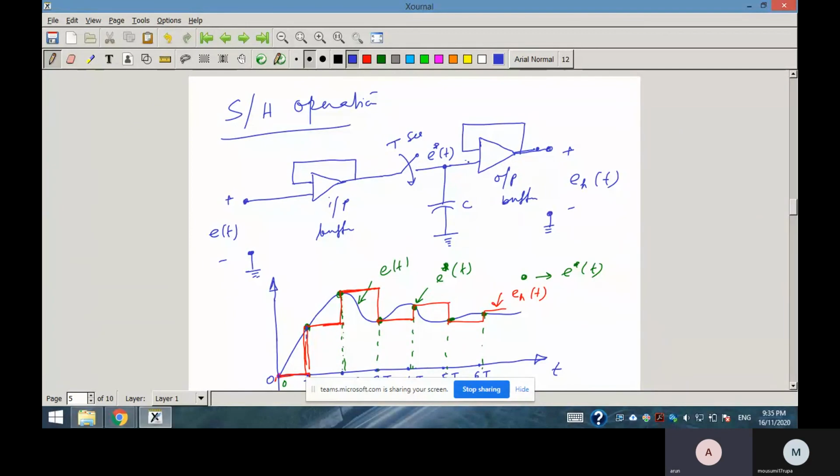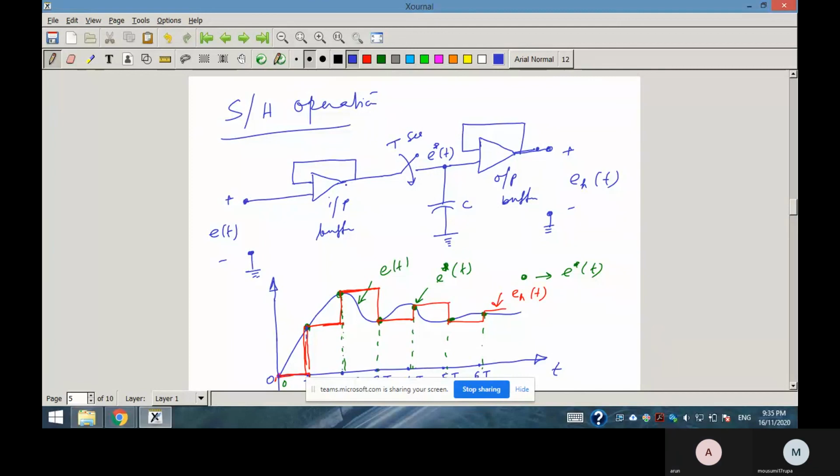Here again no discharging current will be there, just the voltage of the capacitor will appear here. Here the charging current will flow, but since the input buffer has 0 output impedance, the capacitor will not get discharged, because here the input impedance is very high. So that is the principle. That's why these buffers are employed.